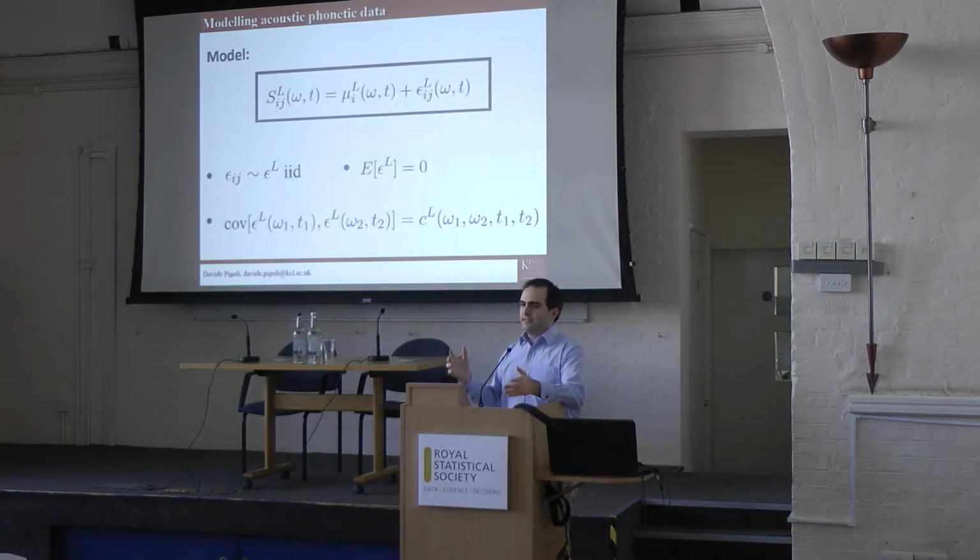This is a kind of mathematical representation of the words I just said, so that we model our log spectrograms as a mean which depends on the word that is being pronounced, plus some stochastic process, which has zero mean, of course, and whose covariance structure changes with language, but not with words or speakers.